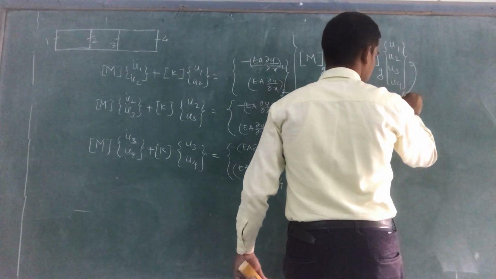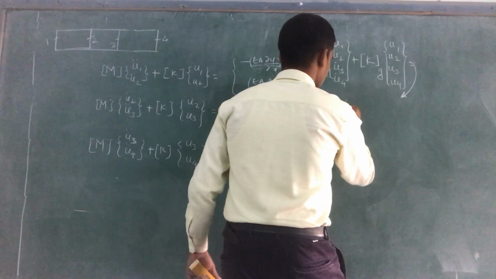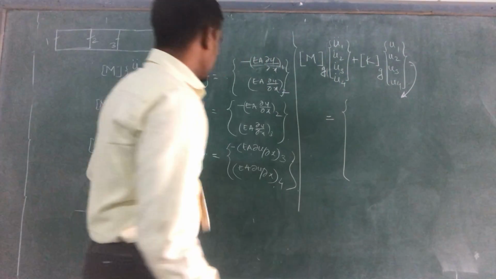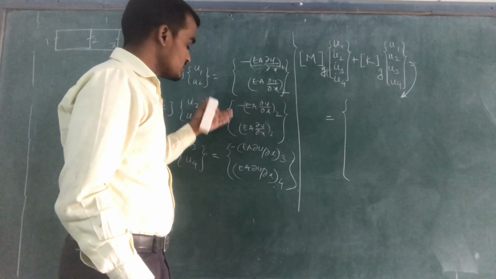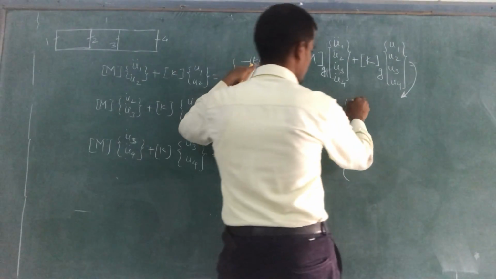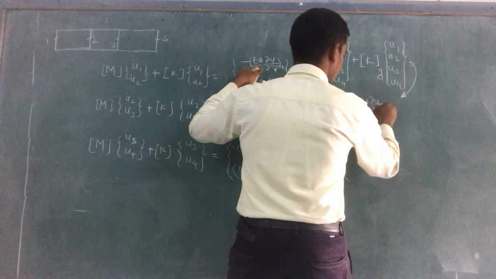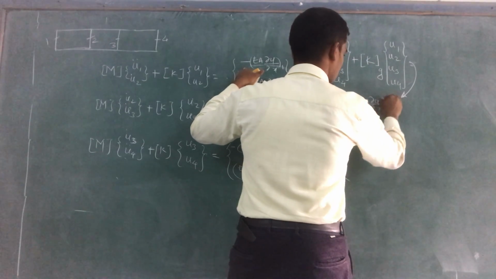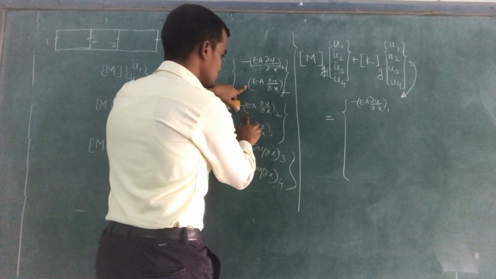So here I am writing the right-hand side. If we add these three elemental vectors, we will get first minus EA dou u by dou x at node 1, then this term at node 2 plus this term at node 2.